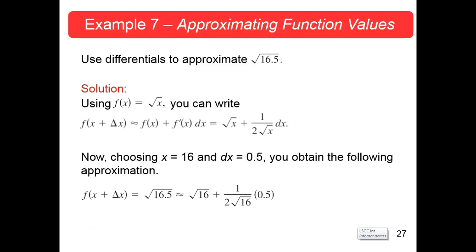And that's what I did in a slightly different way, and that gives you 4 plus 1/8. 1/2 of 1/4 is 1/8 times 0.5 is 1/16. I have so many 1/2s in there in different forms. So it's 4.0625.